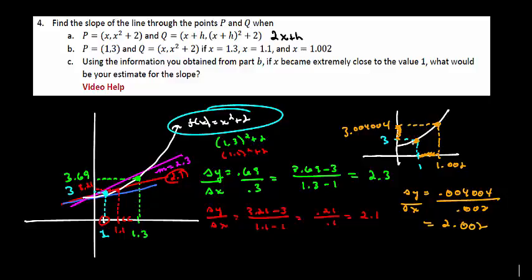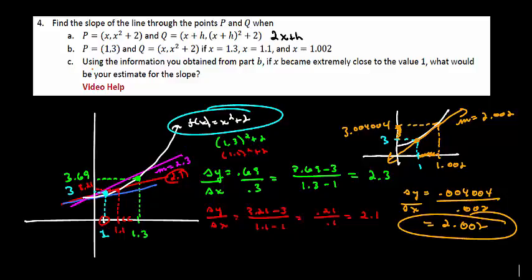So the slope of the line running through these two, the m value, is 2.002. Now here's what I want you to notice. The slope of the blue line is best approximated by this last secant line, because 1 and 1.002 are closer to each other than these earlier ones. Okay, so that's how we do those calculations.